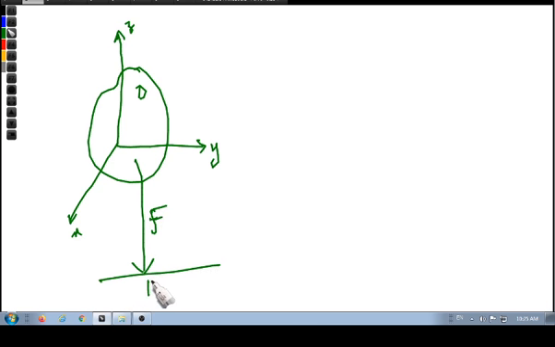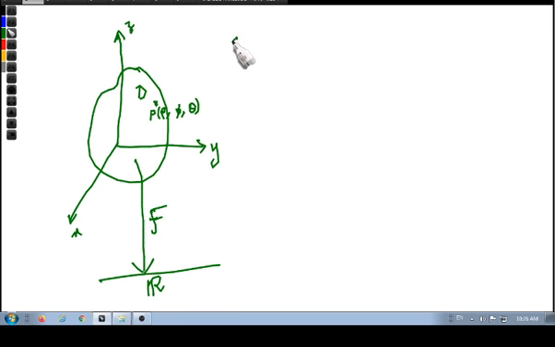This is the real line, and instead of rectangular coordinates, I am going to give spherical coordinates. So suppose that this is the point P, so this will be represented by rho comma phi comma theta.